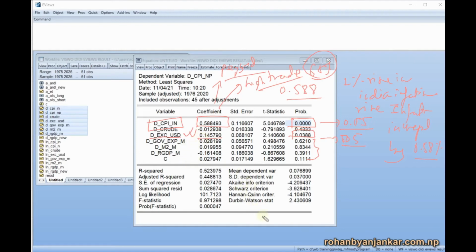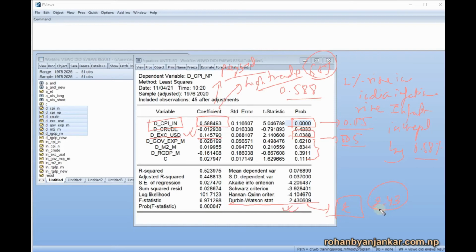In this part, now we will check the D-double test. The D-double test confirms that if this stat is near to 2, then it says that there is no autocorrelation in our variable, and it's 2.43 in our case.